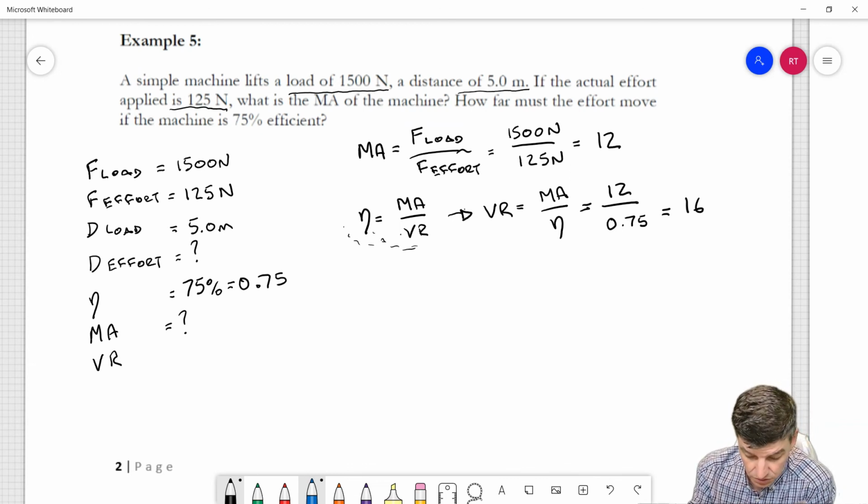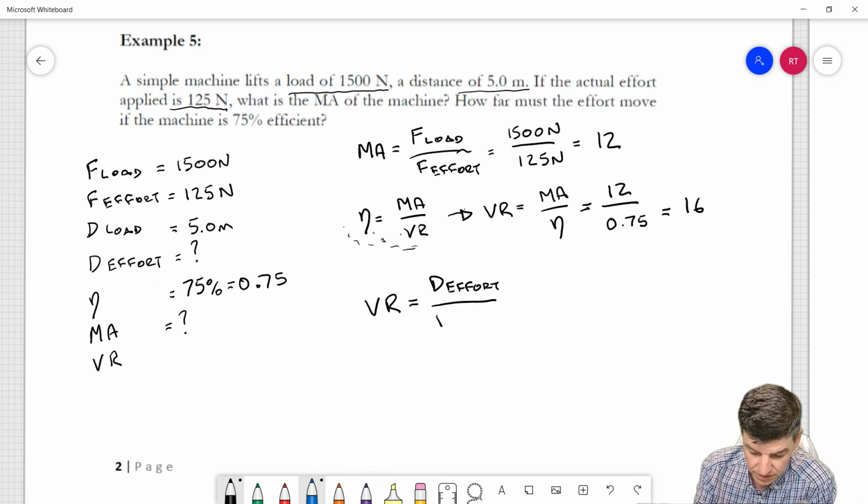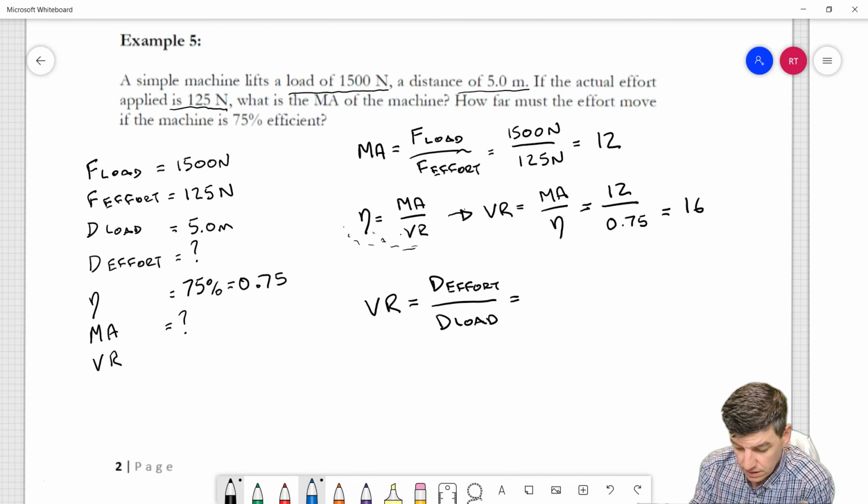Last thing that I'm going to do is find the distance for my effort, and I use VR to find that. So VR is going to be the distance for my effort compared to the distance of my load. I'm going to rearrange this, solving for distance of effort, which means my distance of load is going to come up to the top.